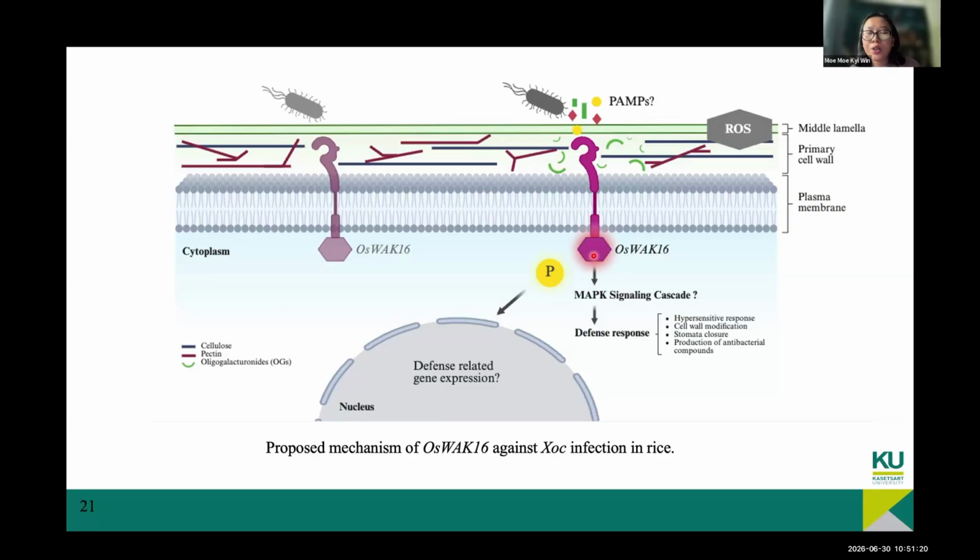According to other WAK genes, we expect that WEX16 might also interact with the downstream MAPK signaling cascade, as well as the expression of other defense-related genes and the defense responses, like the hypersensitive response, cell modification such as stomatal conductance, and ROS accumulation. All this information needs further investigation.